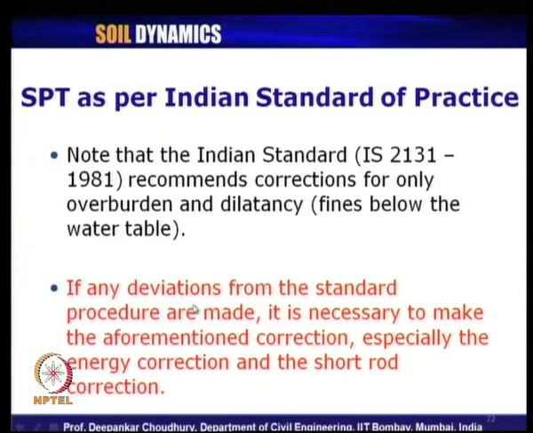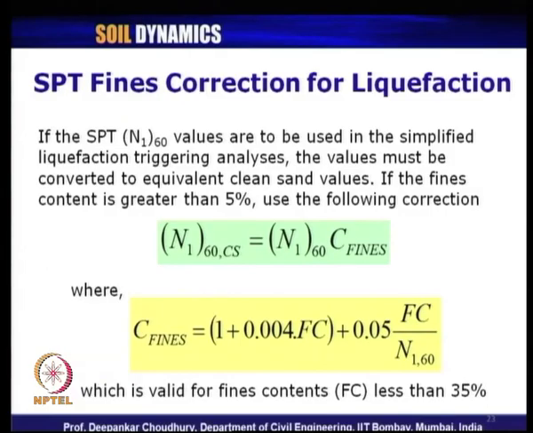If any deviations from the standard procedure are made, it is necessary to make the aforementioned corrections, especially the energy correction and the short rod correction, because the correction factors involved, as we have seen just now, are pretty huge, whereas for the other correction factors it is not that significant. Fine. Now, additional correction factors required for the estimation of liquefaction potential from SPT N value are listed here.